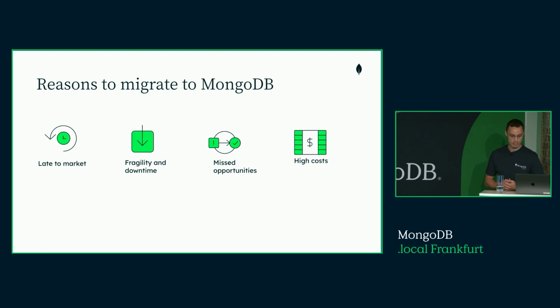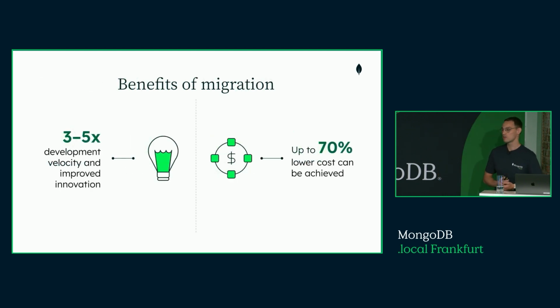And all of these things come together with not only why should I migrate, but what do I get out of migrating? I think you already know this slide from Zahir. Doing a migration from a legacy database to MongoDB can lead to up to 3 to 5 times faster development speed.